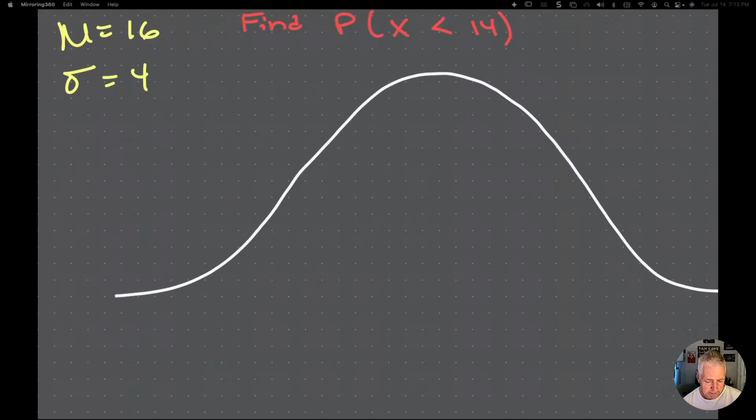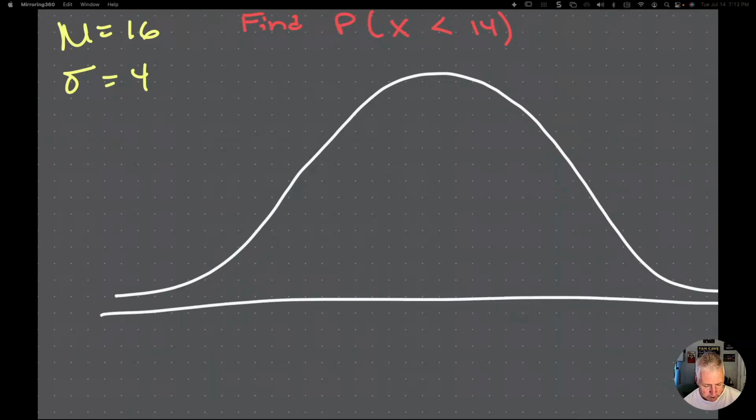Not too shabby for me, although I extend a little far in one direction. It's okay. There we go. So I've got my normal curve that represents this data, just a sketch. So the mean is right here. Well, the mean of this one is 16.